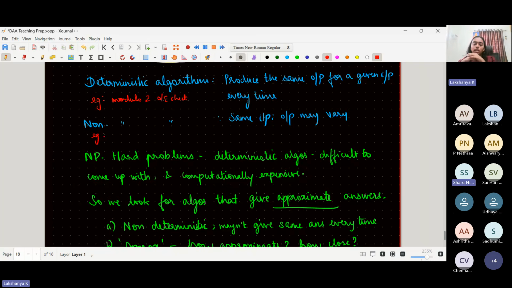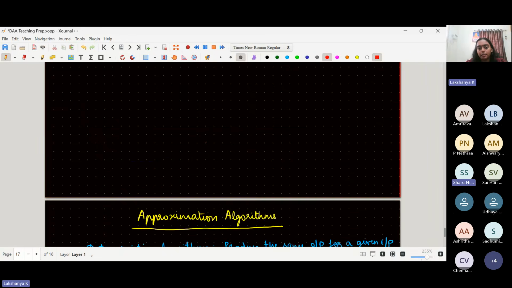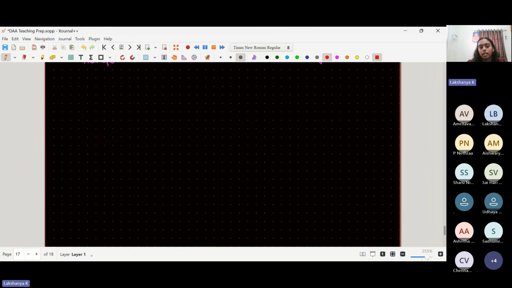An example of non-deterministic. I don't know how many of you know this. If you have a polynomial expression, there are different ways of finding the roots of a polynomial. IoT students, did you learn this in your first class? There are 2 points A, B. This is f of A, this is f of B. If the signs are opposite, then the root is in between. Was this taught to you?